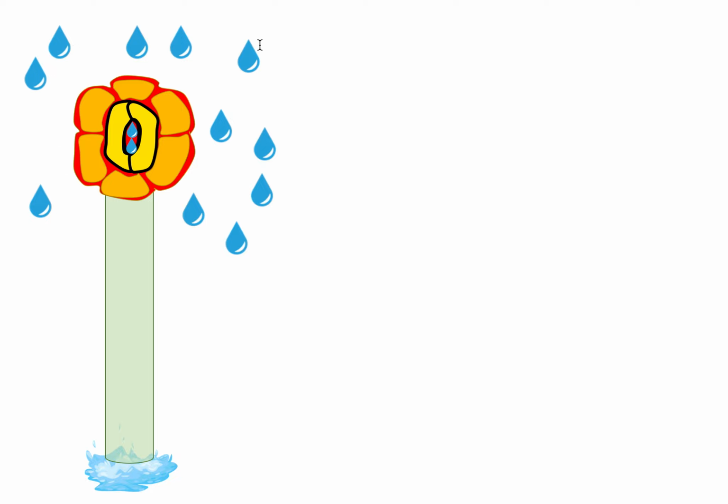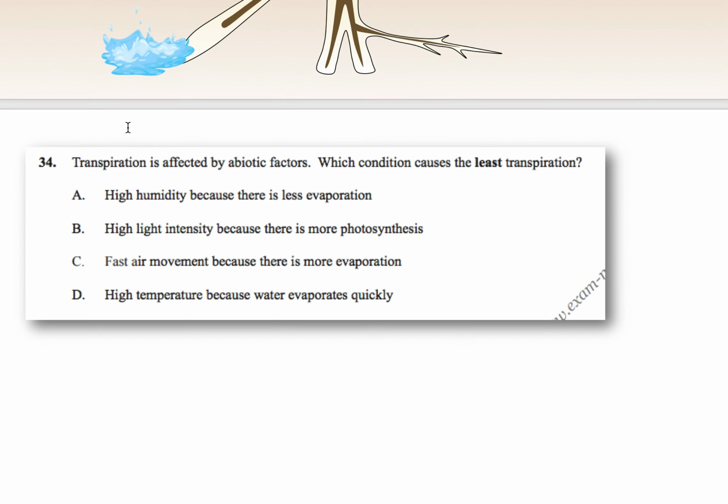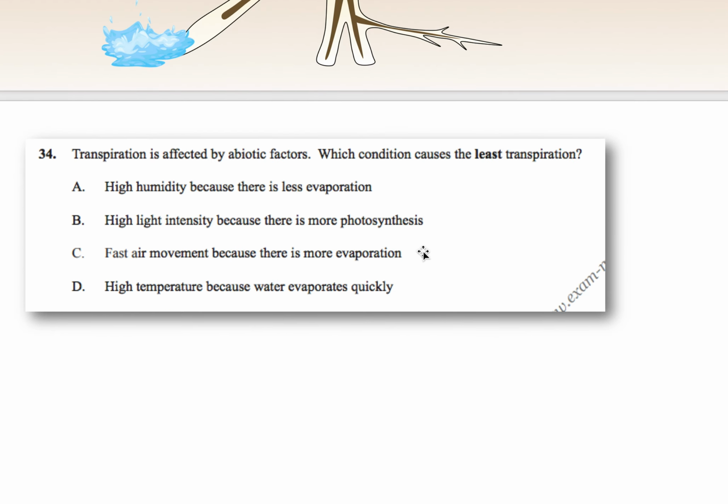If the wind pushes a lot of these airdrops away, then there's now a concentration gradient, and these water molecules have space to evaporate and actually transpire from the plant. So in fact, fast air movement will increase transpiration, okay, because it removes the humidity from the surrounding environment, creating a concentration gradient for the water to evaporate more easily.